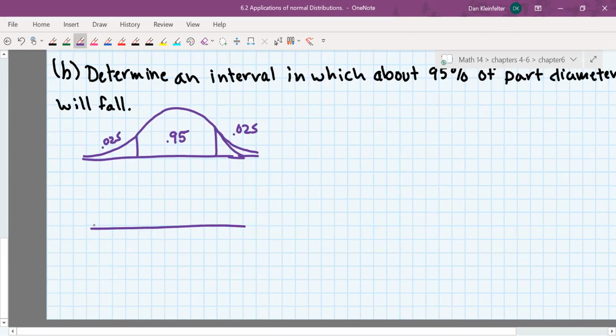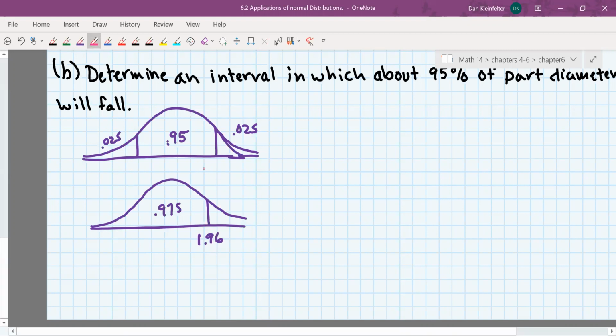So then, if we have negative infinity up to our z, that will be 0.95 plus 0.025, or 0.975. And so if we have a probability of 0.975, that will be a z of 1.96.